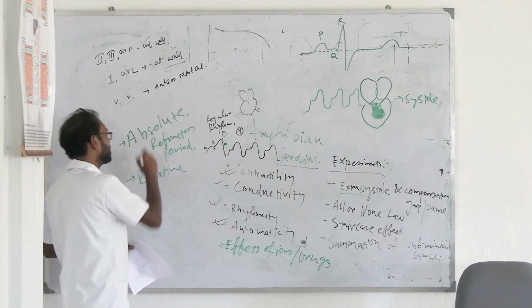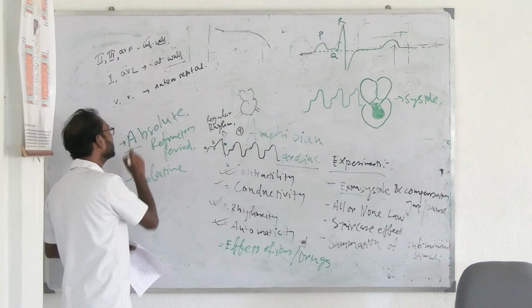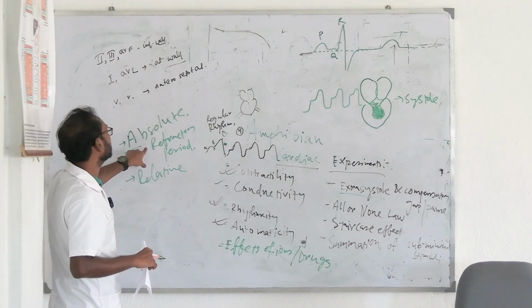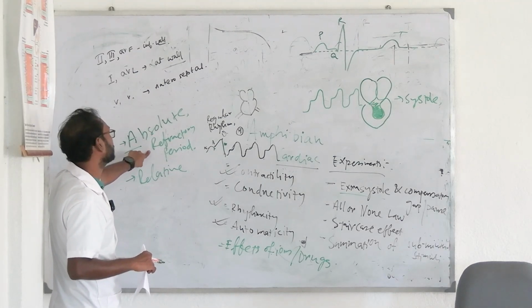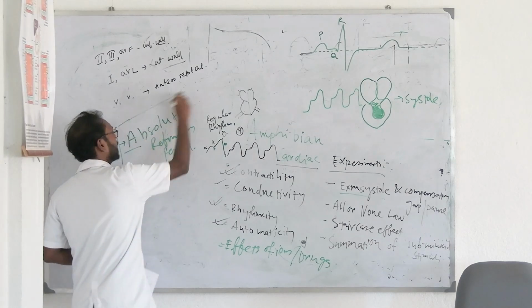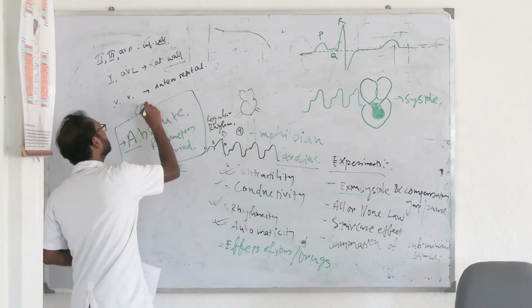So this has two parts, the absolute refractory period. This means when you put any kind of stimulus into this part, in case of the absolute refractory period, your heart is completely contracted. So completely contracted.